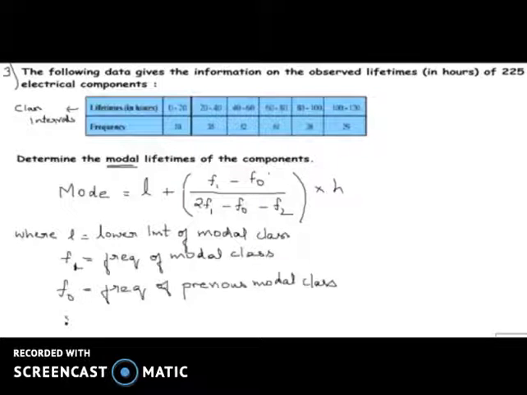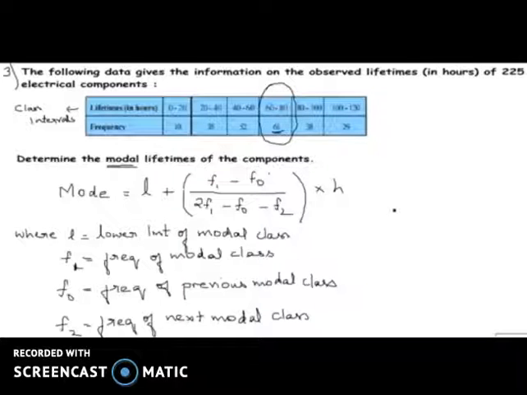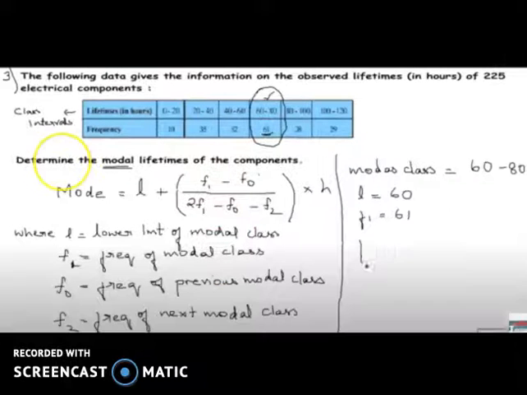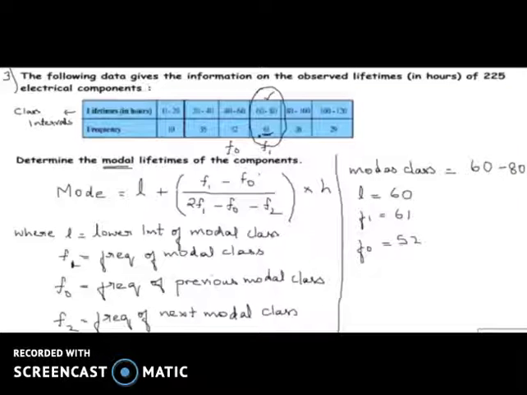F1 is the frequency of the modal class, F0 is the frequency of the previous class, and F2 is the frequency of the next class. Here the modal class is this marked portion, since 61 is the highest frequency. So the modal class is 60 to 80, and here 60 is L, F1 is 61, and F0 is the previous class frequency, 52.